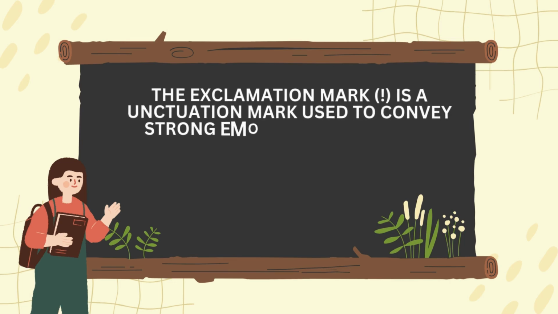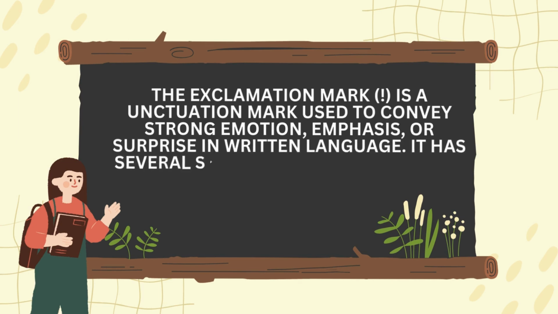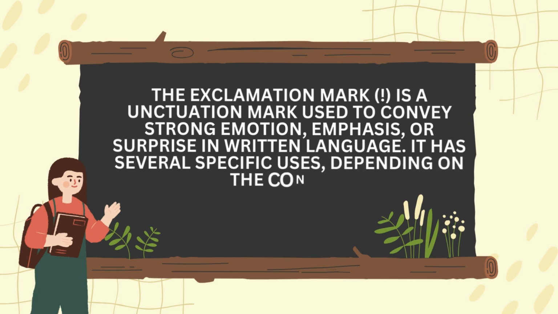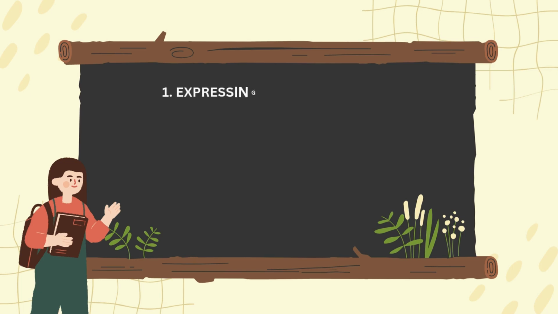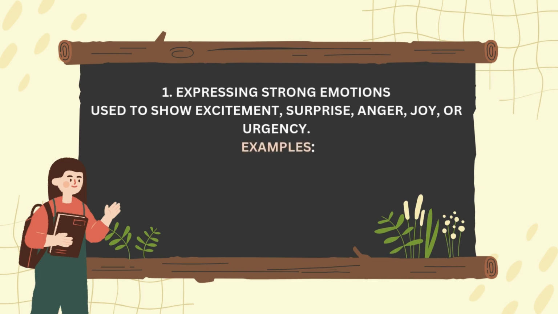The exclamation mark is a punctuation mark used to express strong emotions, excitement, urgency, or emphasis. Here are some key rules and examples of when and how to use it. Number 1: expressing strong emotions.